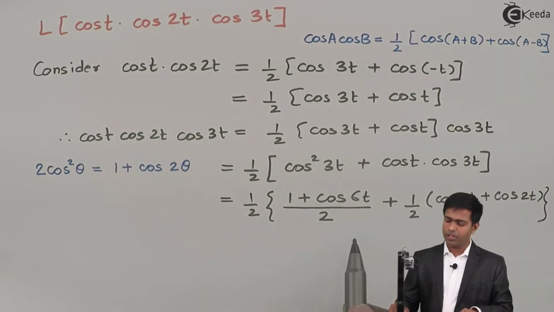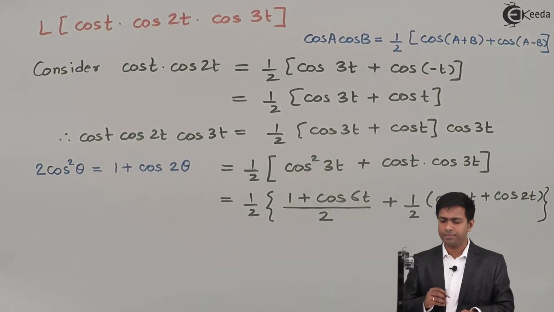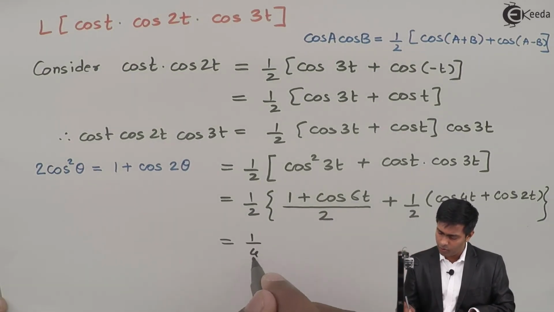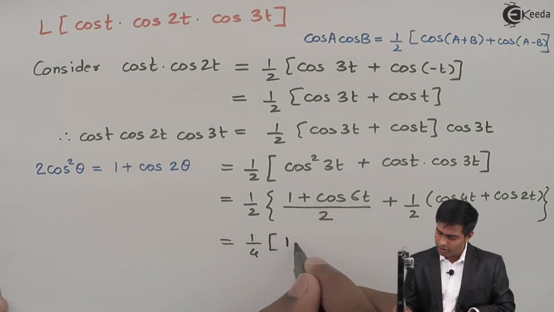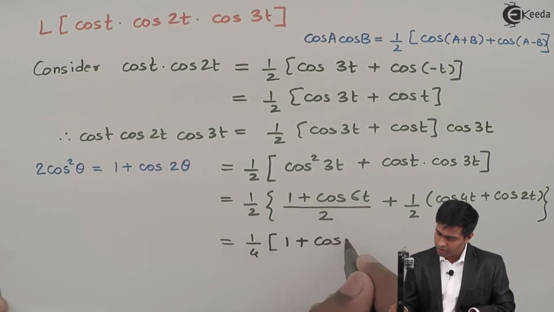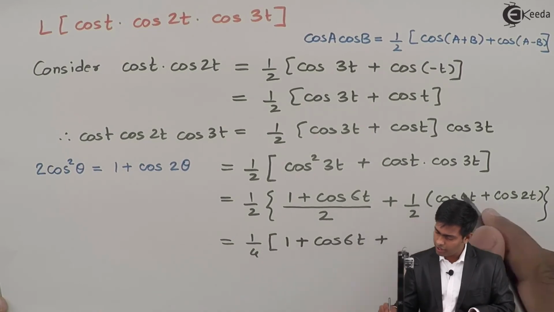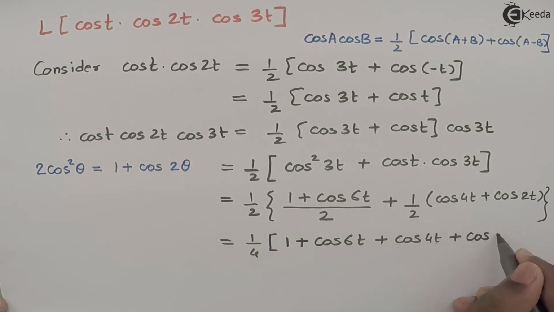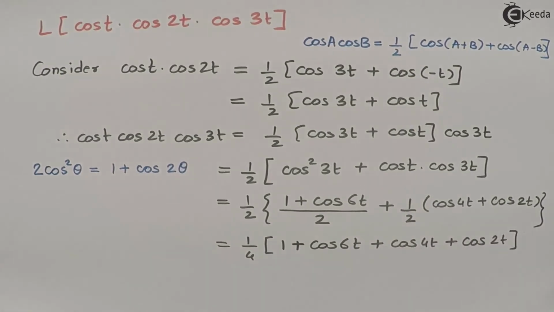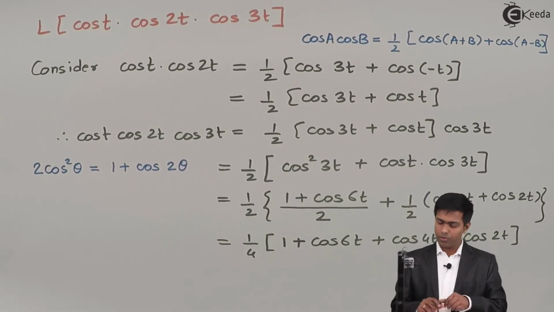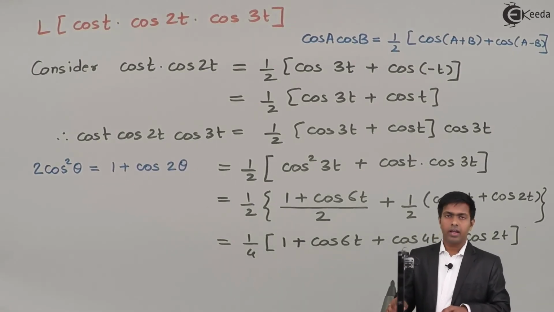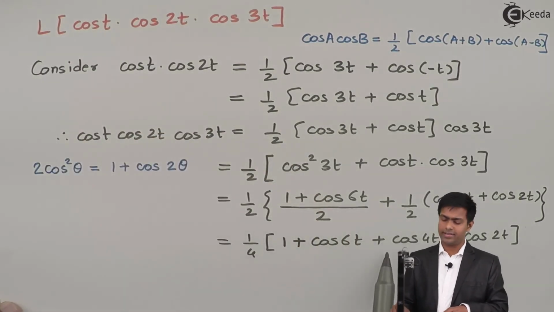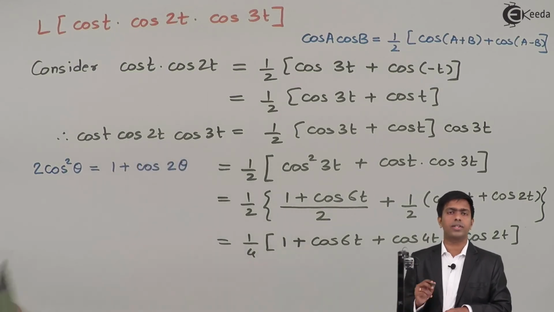So I'll directly write it down 2t over here. So now from these two terms I can take 1 by 2 common. So here we'll get 1 by 2 and 1 by 2 common, that is 1 by 4, and in the bracket we'll get 1 plus cos of 6t plus 1 into cos of 4t, and here plus cos of 2t. And now I'll substitute this value in the question and we'll find out Laplace of this term, because this is the substitution of cos t into cos 2t into cos 3t.